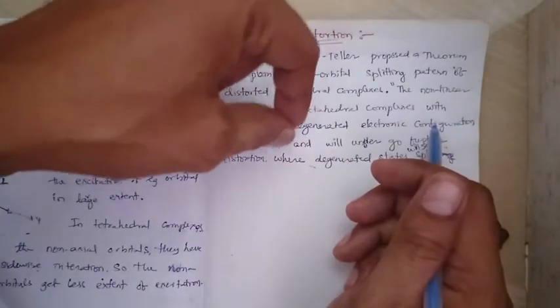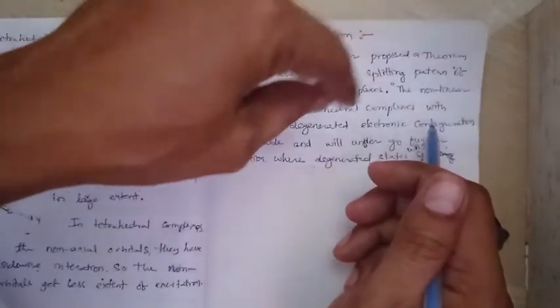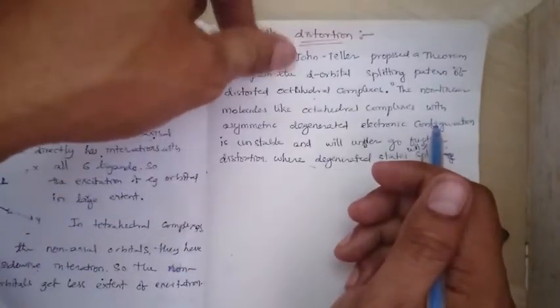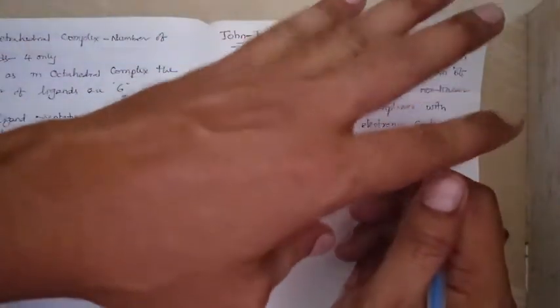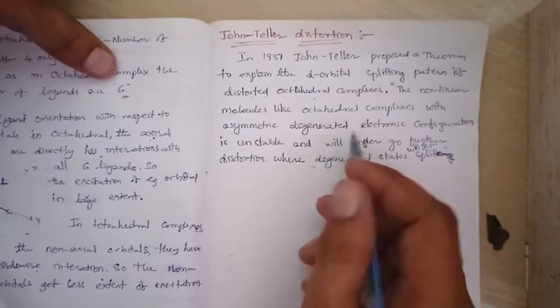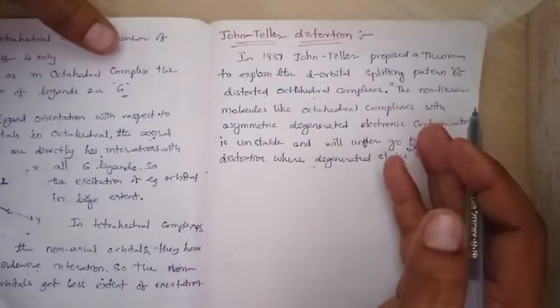Most of the time this takes place, where the metal to ligand bonds in all six coordination directions are one and the same. That is what a regular octahedral is. So distorted means an altered octahedral, right?